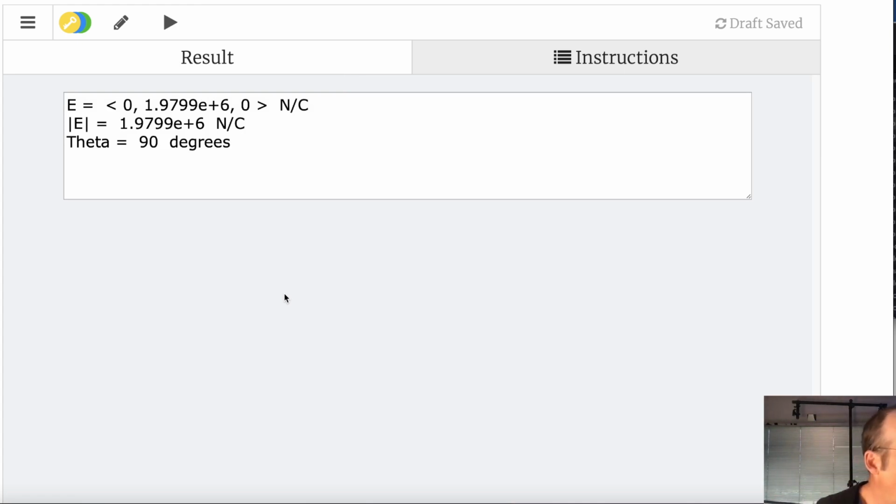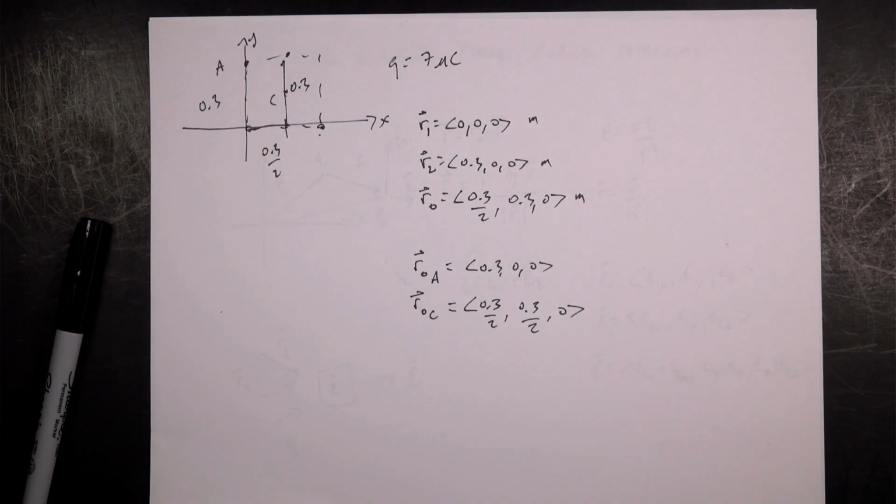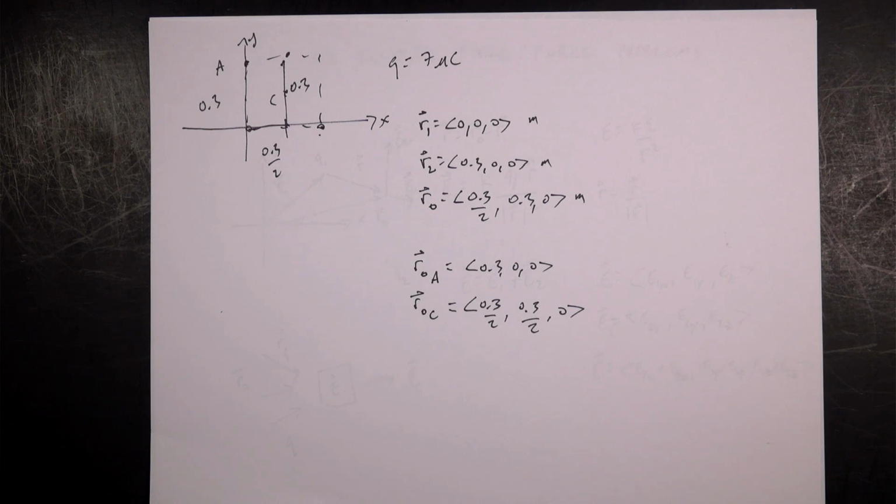Okay, now, but here is the question. Let me read it again. Where would you place a third small object with the same charge so that the electric field is 0 at the corner of the square labeled A? Okay, let's go back to the paper. I'm going to get a new piece of paper because this is actually at least fun.